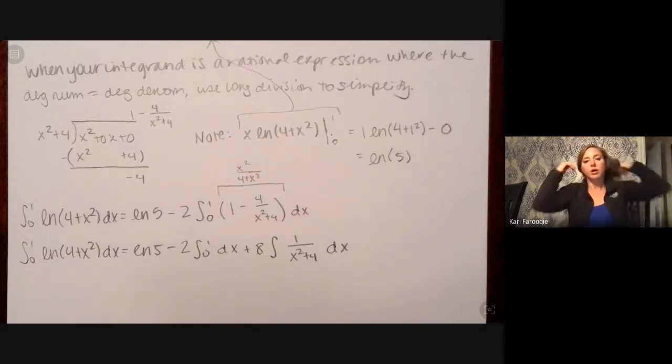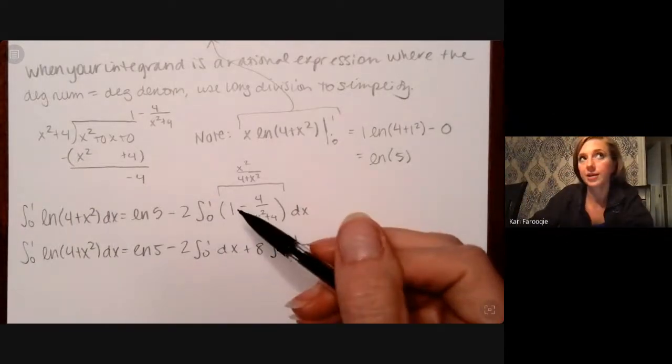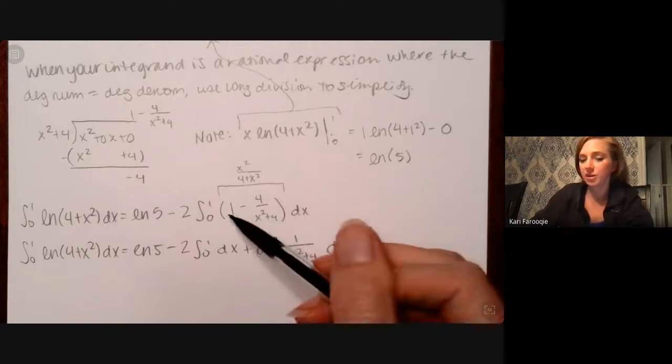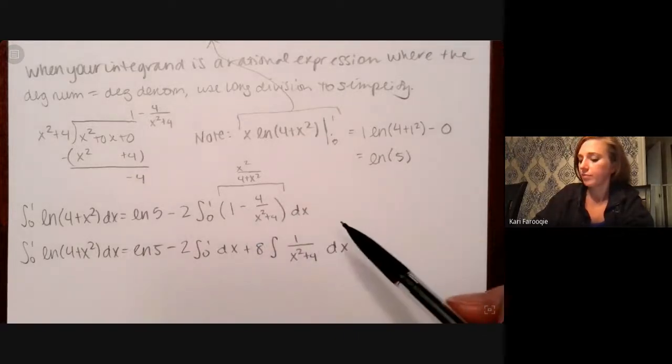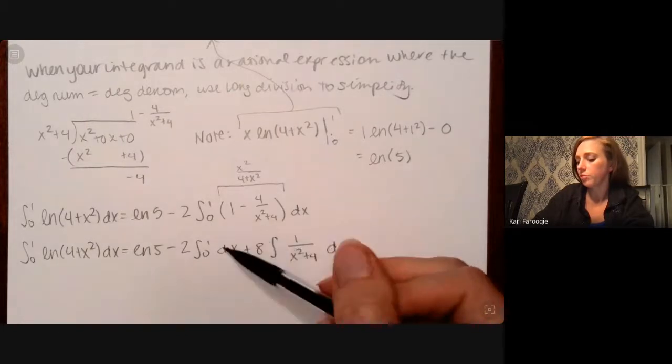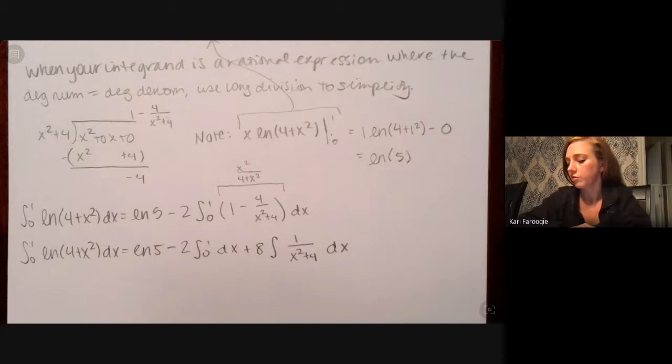Remember that anytime you're looking at an integrand that has 2 terms in it, you can integrate each term separately. So we split up the 1 and we split up the 4 over x squared plus 4.